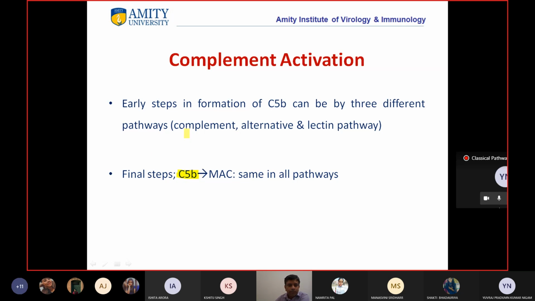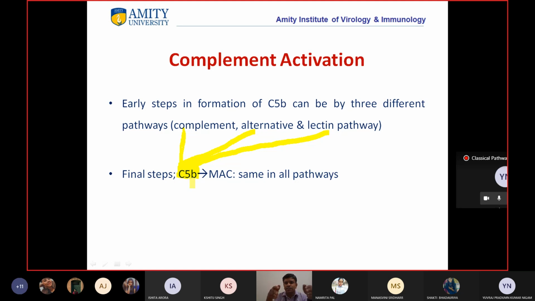Okay, so either it is classical or alternative or lectin pathway, all the three pathways will by different ways reach a stage for the formation of C5b.